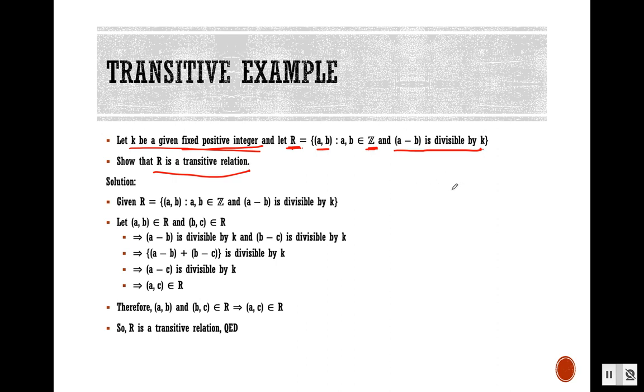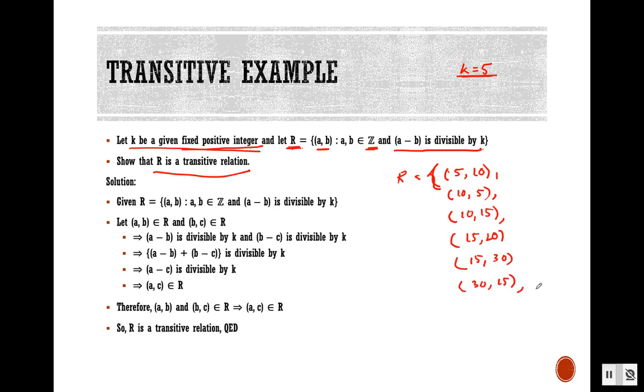So let's find out. Let's say K is 5. The K will be given. Saying that K is 5, then find out some members of R. Some members of R will be (5, 10), (10, 5), (10, 15), (15, 20), (15, 30), (30, 15), like that.